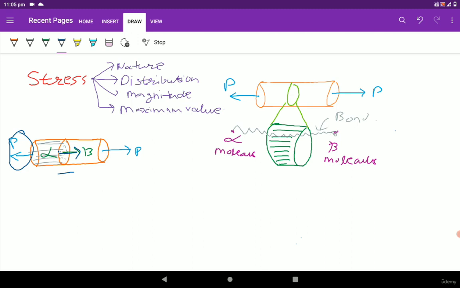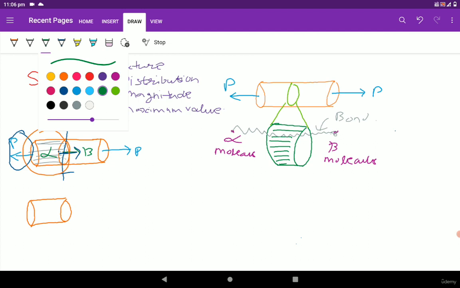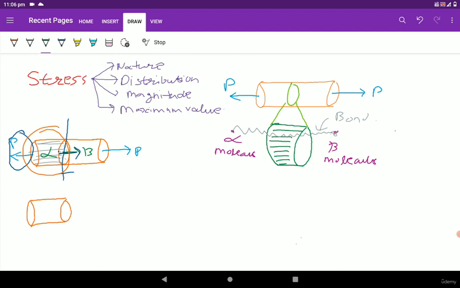So let me cut this portion, and now let me plot the cut portion. So it will be looking something like this. The internal force will look something like this.